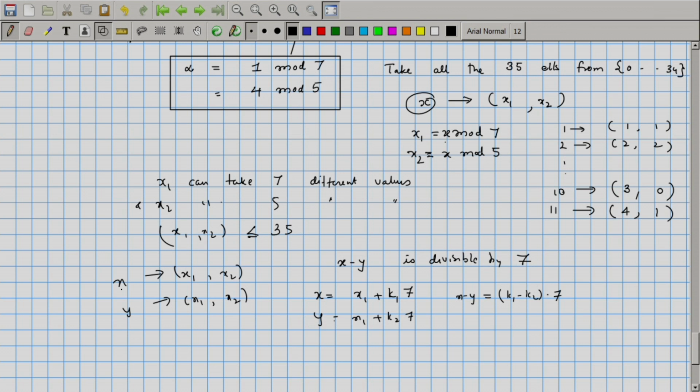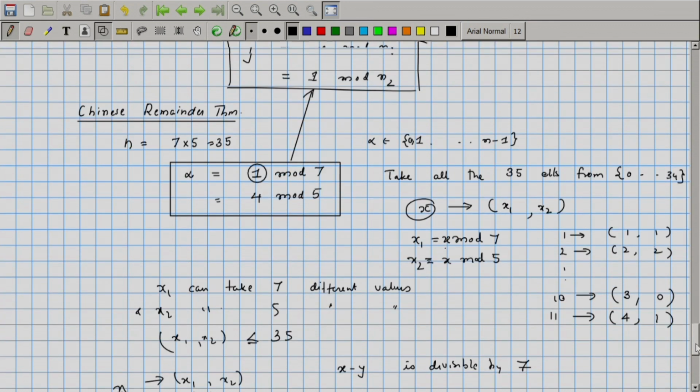Therefore, every particular pair will be present. This means that alpha equals 1 mod 7 and alpha equals 4 mod 5 has a solution in the range 0 to 34. Clearly, it cannot be 0 because 0 would not have given 1 as the remainder mod 7.